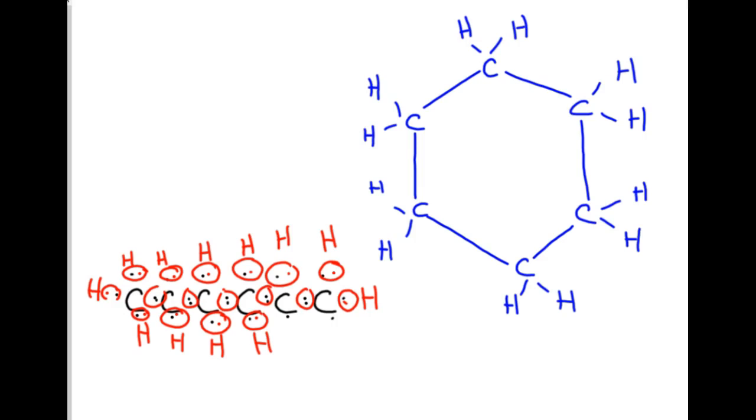This carbon has 2, 4, 6, 7 electrons. Can share another set of electrons between carbons. So you get a structure with a double bond somewhere in there. This double bond could be here, or this double bond could be here. There's multiple places where it could be.